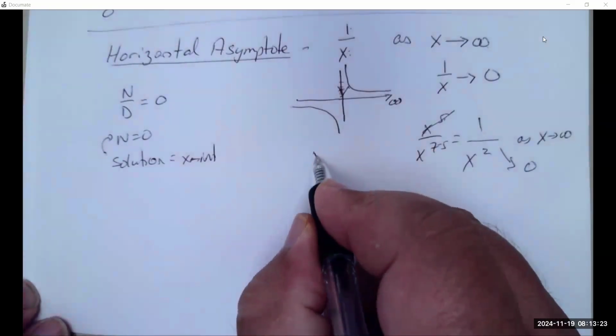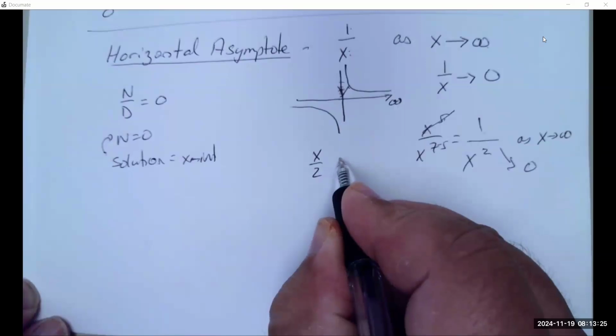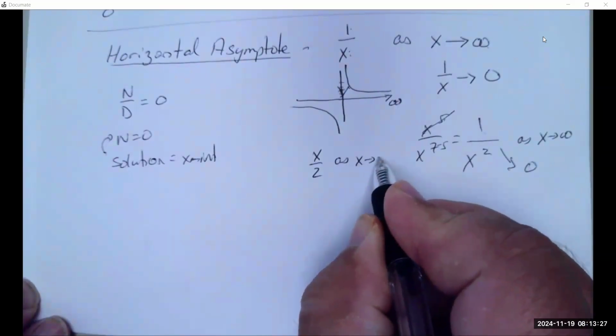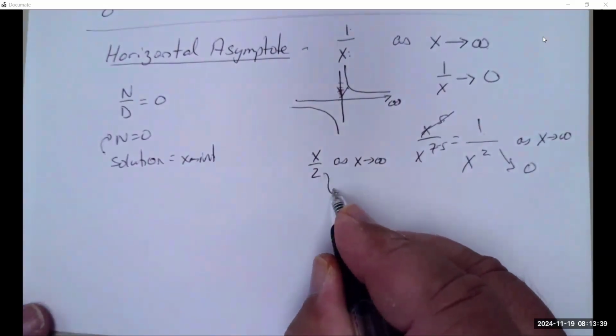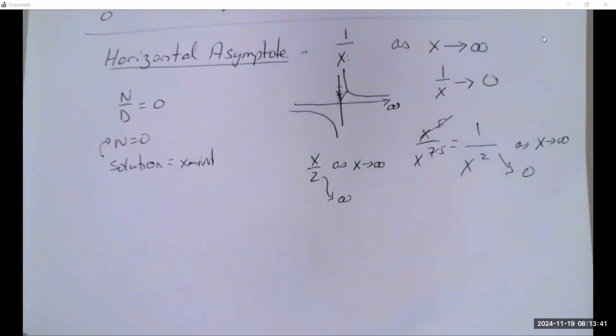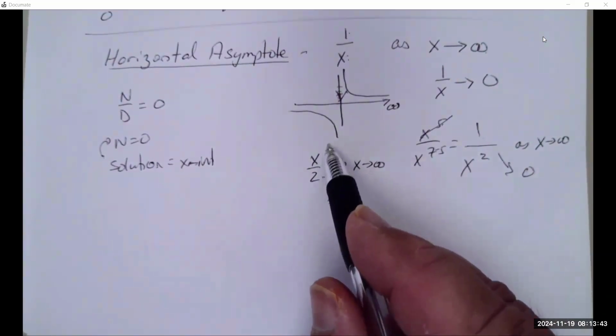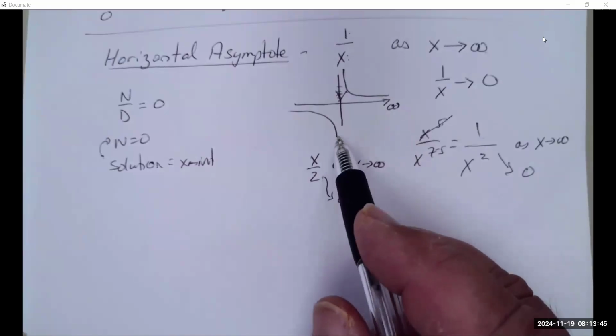What about if we had x over 2 as x goes to infinity? This function goes to infinity. 1 over 2, 10 over 2, 100 over 2, 1,000 over 2.